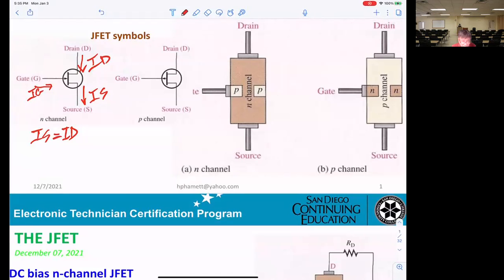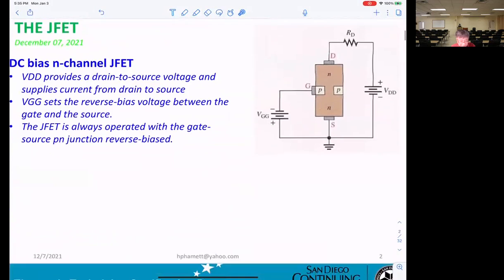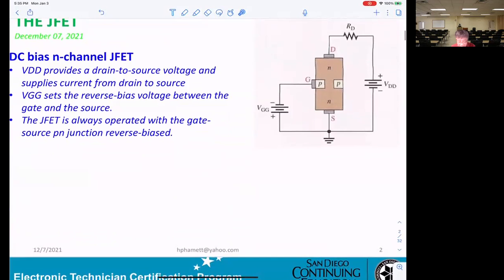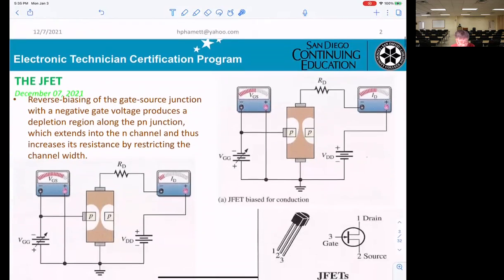And this is just giving you the physical structure for the N channel and P channel. This is the N channel. Okay, on this one we don't care about this part now.